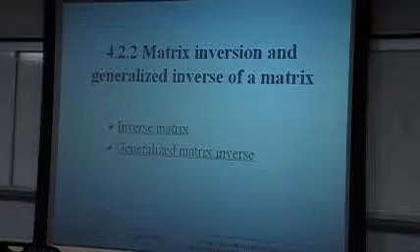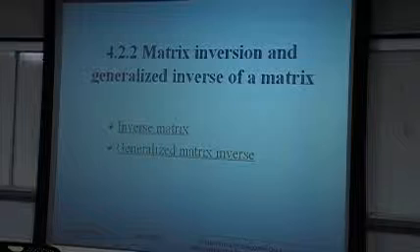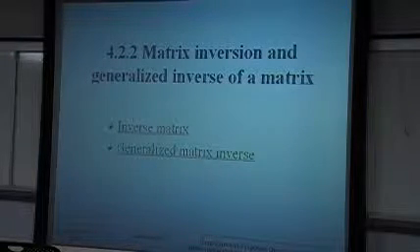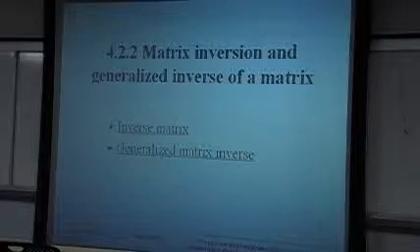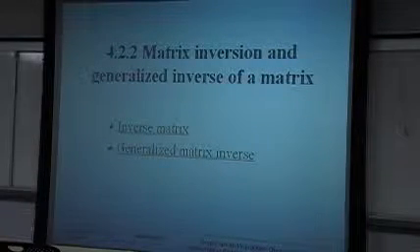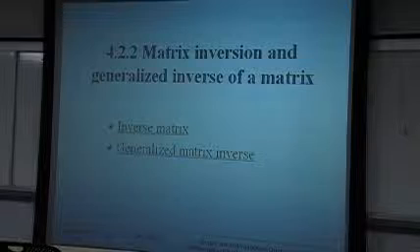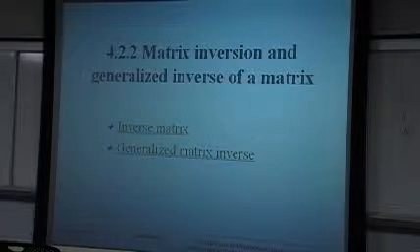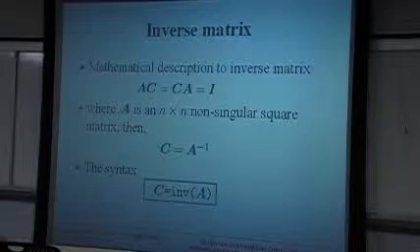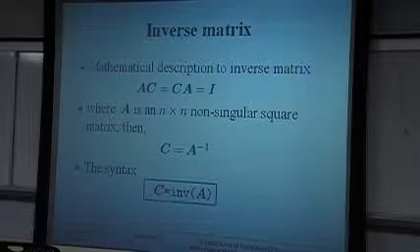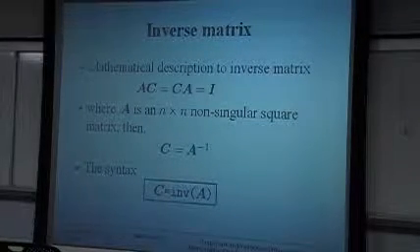So now let's start another topic: the inverse matrix. The definitions first, and then we will extend the ideas to the generalized inverse of a matrix. If we have been given the matrix A, what is the inverse of the matrix?